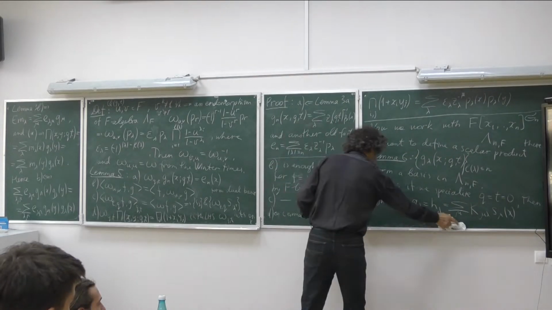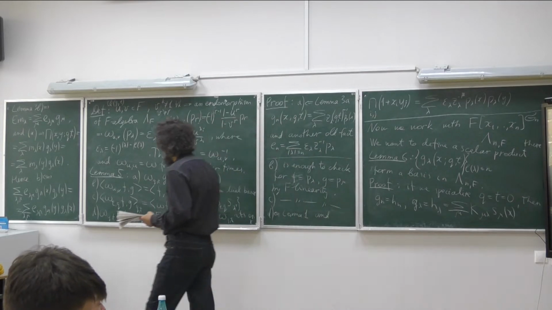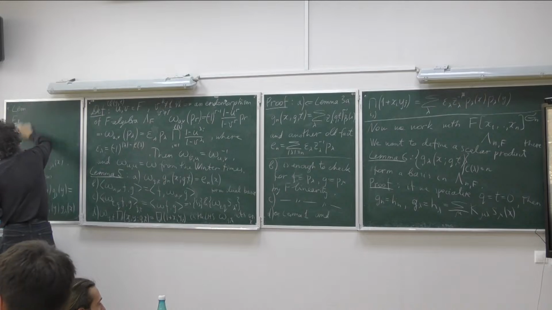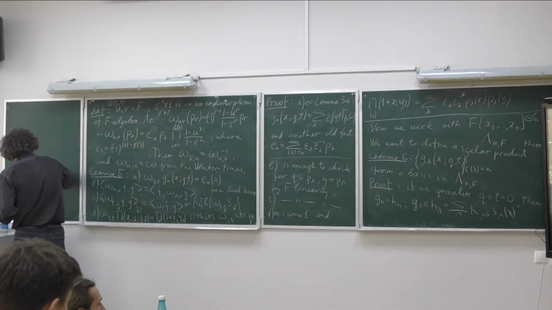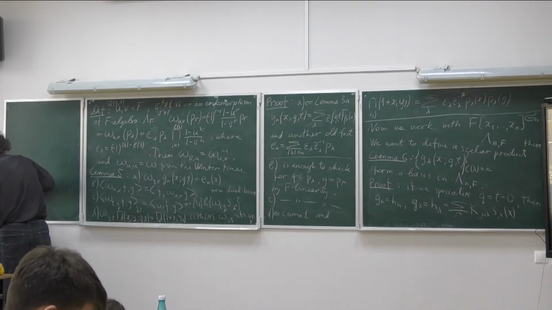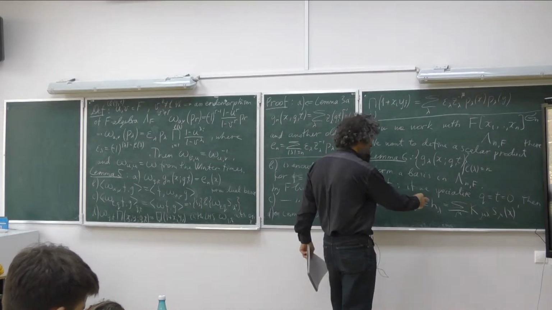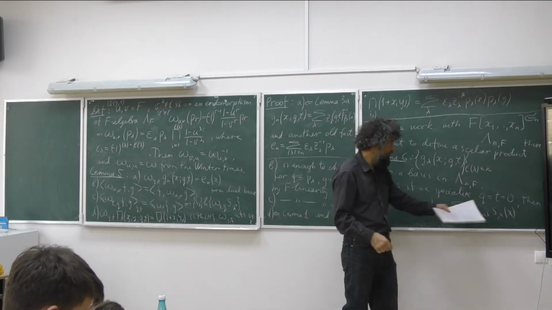Now we know that the Schur polynomials in n variables, I mean s_lambda where the length of lambda is at most n, do form a basis in here.